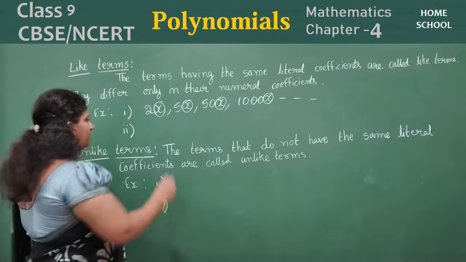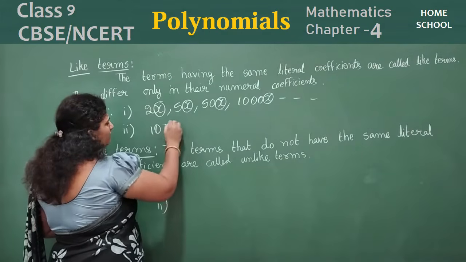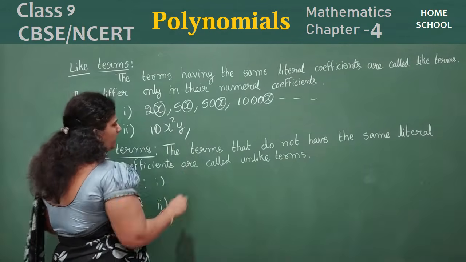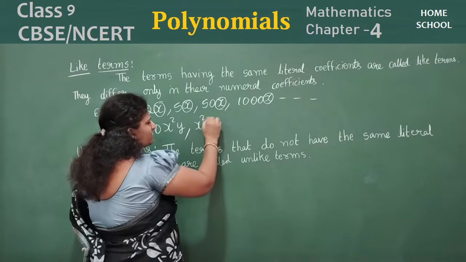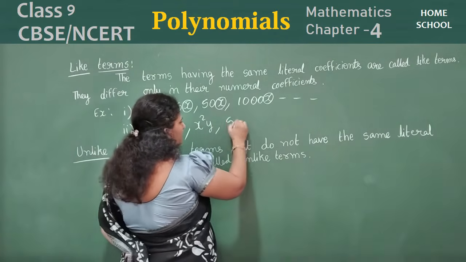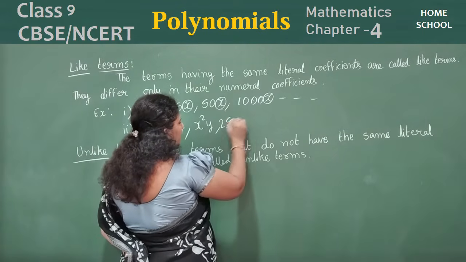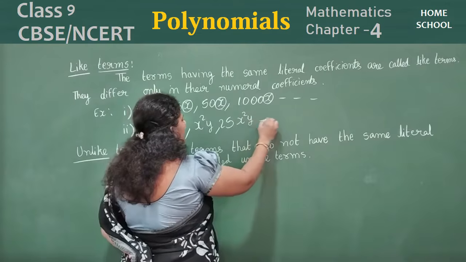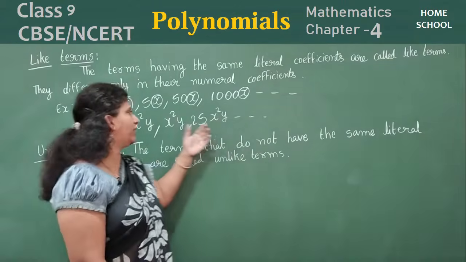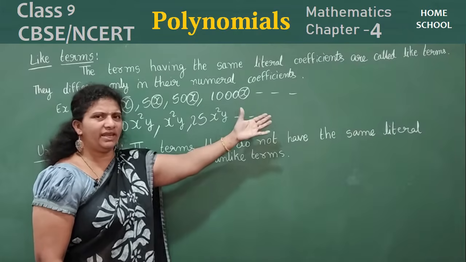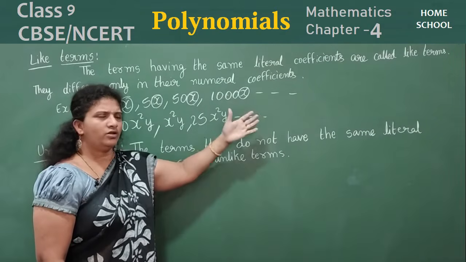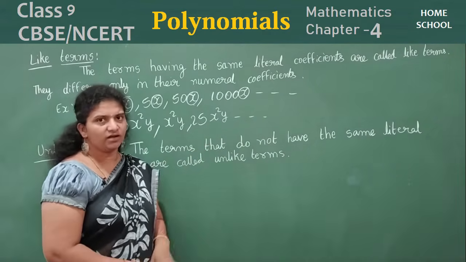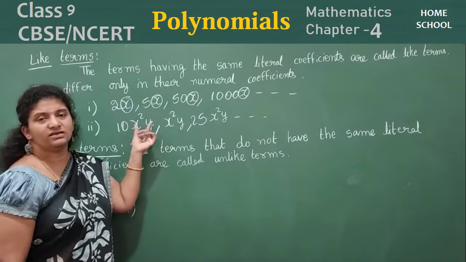One more example. 10x square y, only x square y, and 25x square y, and so on. Look here. So on means maybe many terms there, or we can stop the terms here. So look here, what happens?